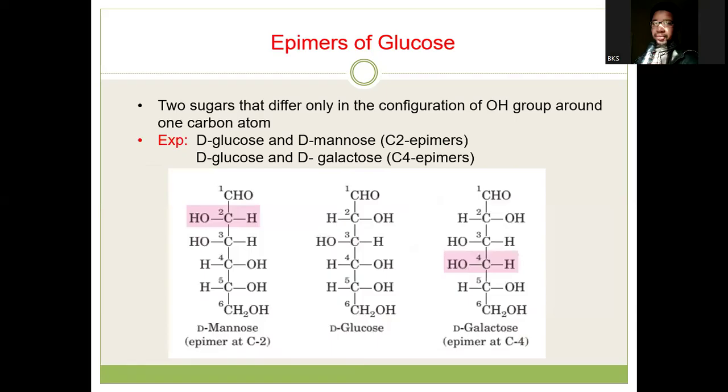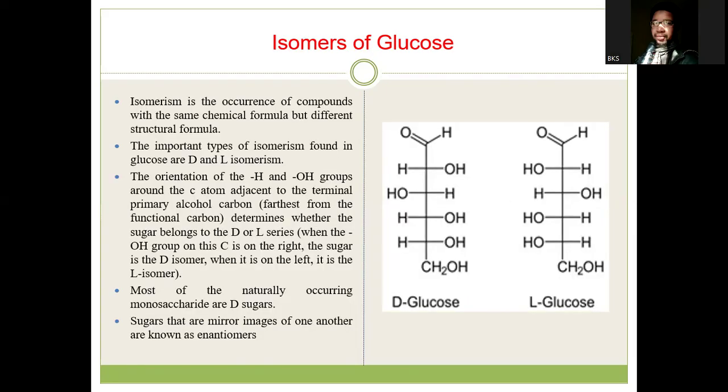Another thing I need to mention with regard to this is optical activity. The presence of these asymmetric atoms gives a compound what we call optical activity. What is this optical activity?